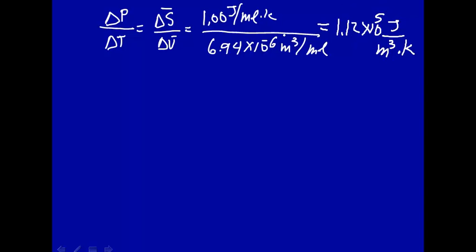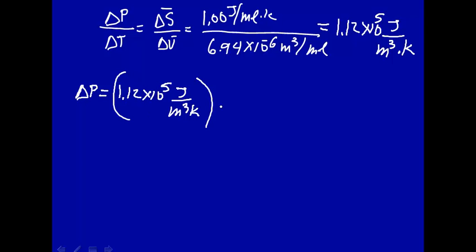Okay, so there's a proportionality constant between delta P and delta T. So the change in pressure we have to have in order to make rhombic the stable phase at 100 degrees will be 1.12 times 10 to the fifth joule per meter cubed Kelvin times delta T. We want to go to 100, and we're starting at 95.5, and in our earlier discussion, delta C is the same as delta K. So the change in pressure comes out to be, so what do I get here?